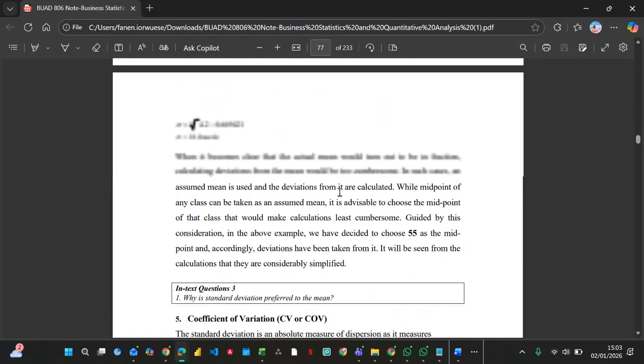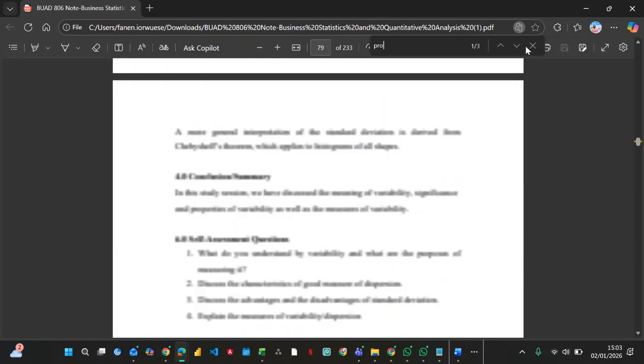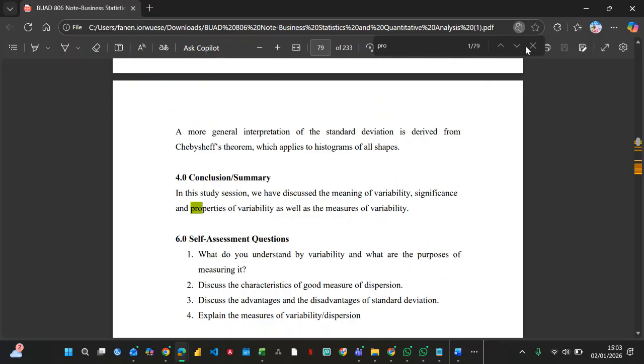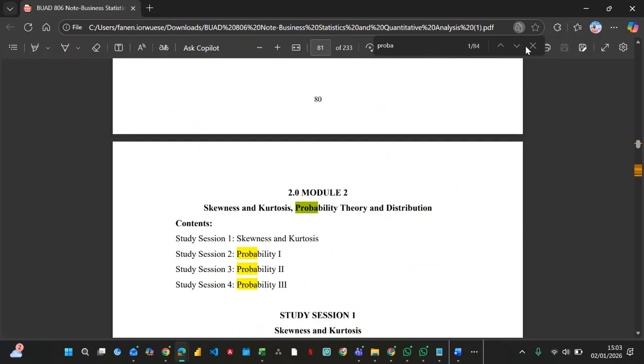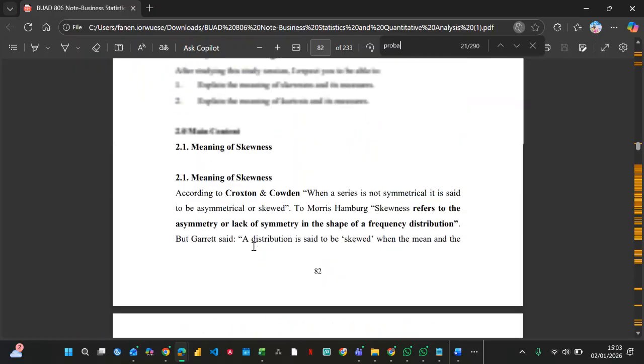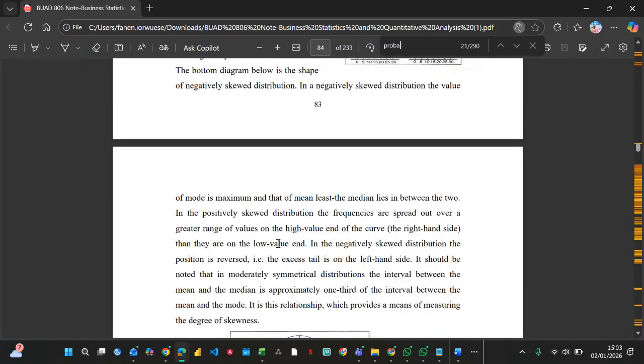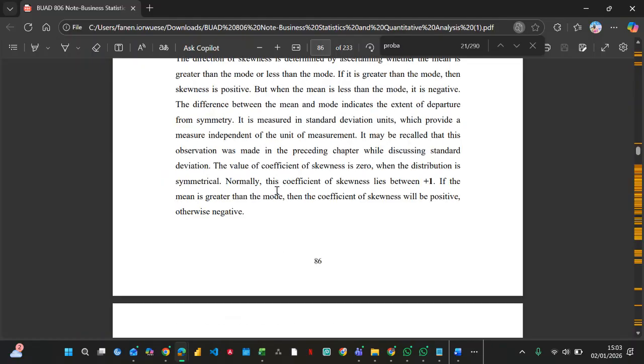Okay, I'm trying to open the course material and ask you guys a question. This is 806. Perfect. For probability, that's module two. Module two we have probability here.